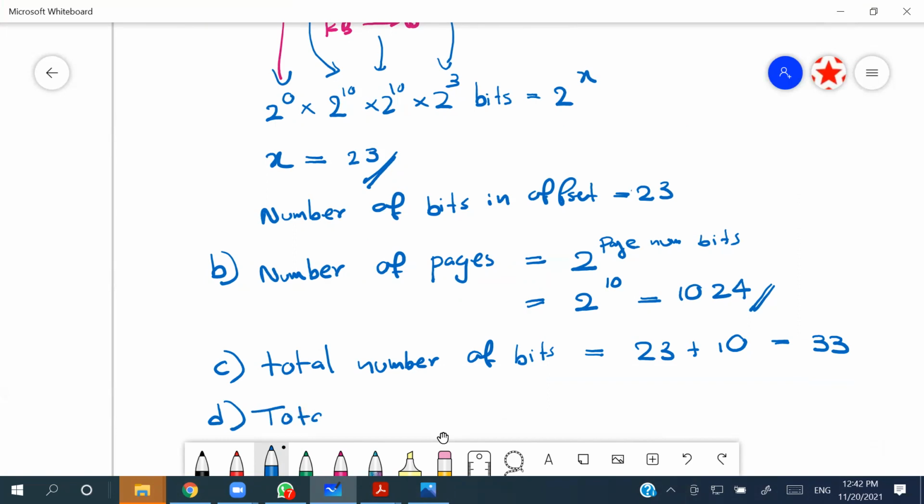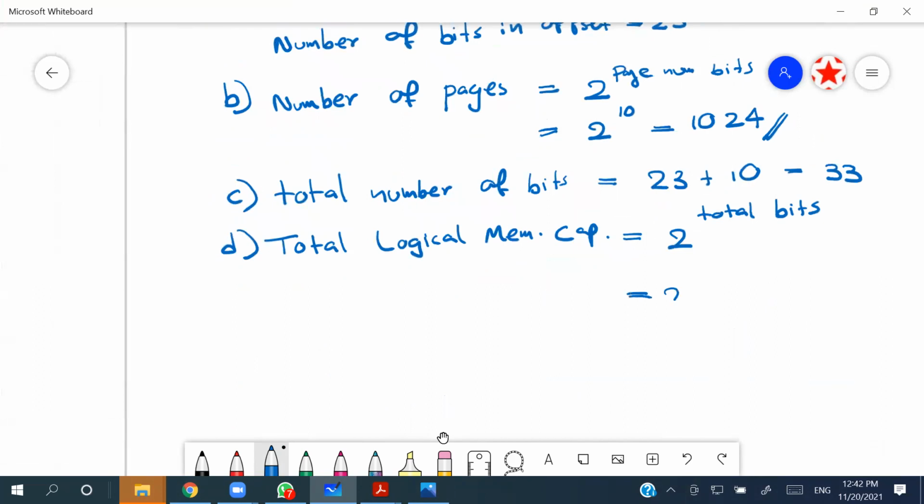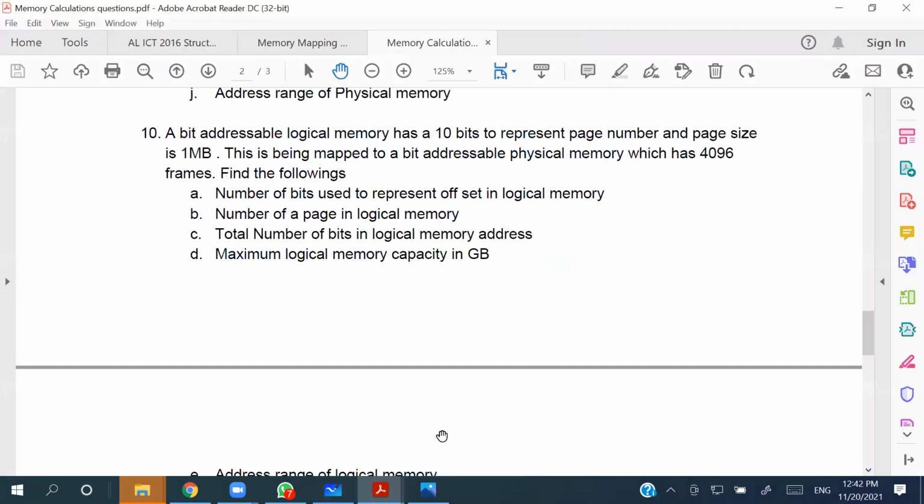Right, so the total logical memory capacity equals 2 to the power total bits. So that means 2 to the power 33, it's a bit addressable, right?